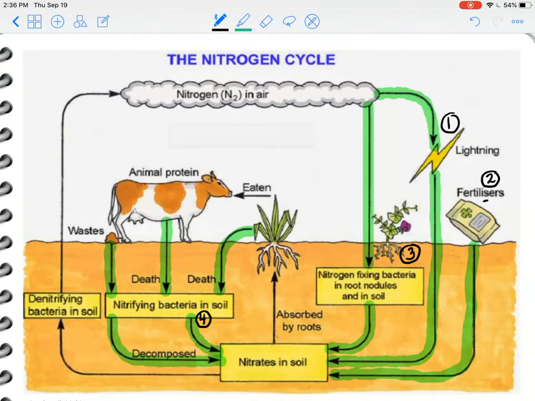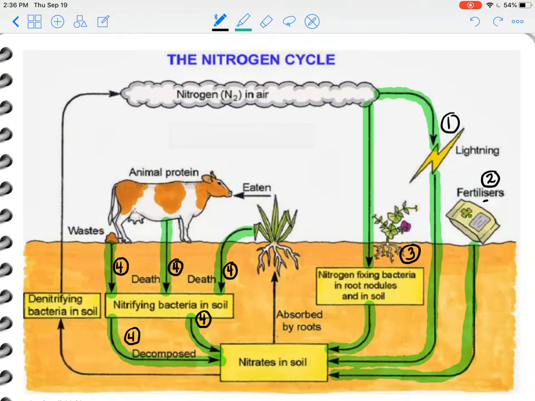So I'm going to count all of these as one step. The cow dies, the plant dies, the cow poops. All of those things are putting bacteria into the soil, which is putting that into the earth. So all of those sort of relate to the one thing, the bacteria.